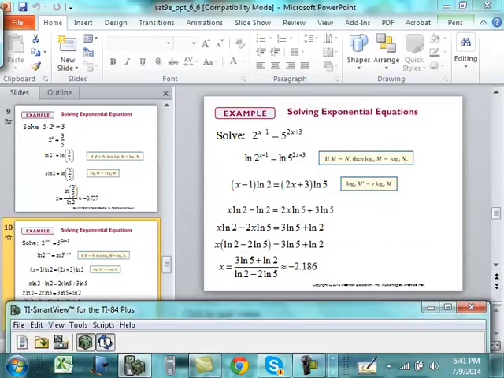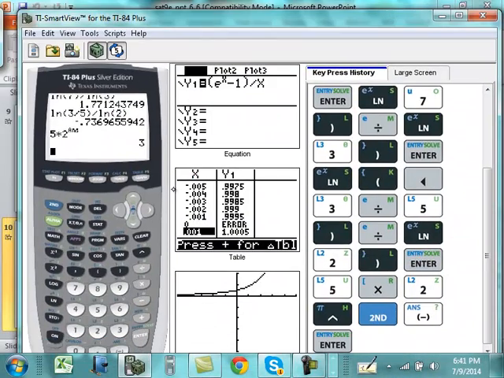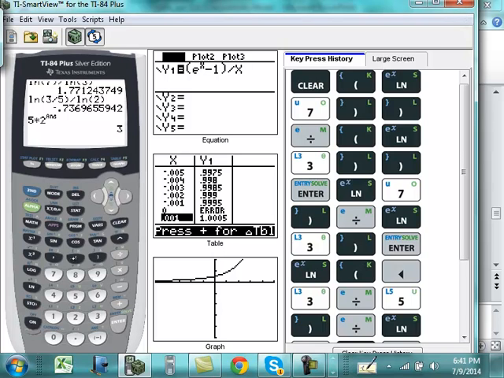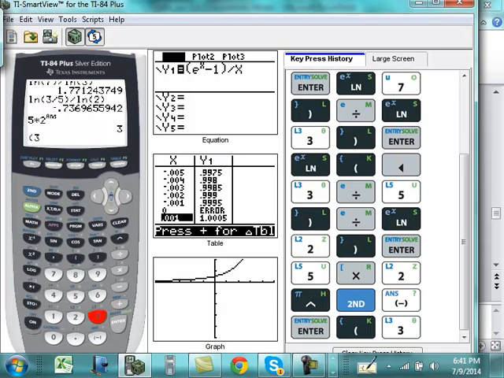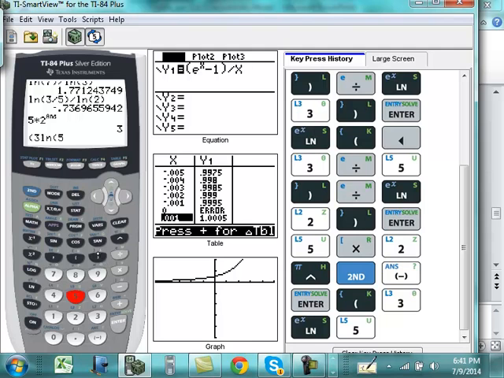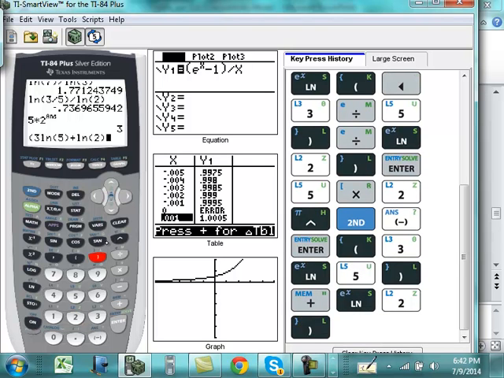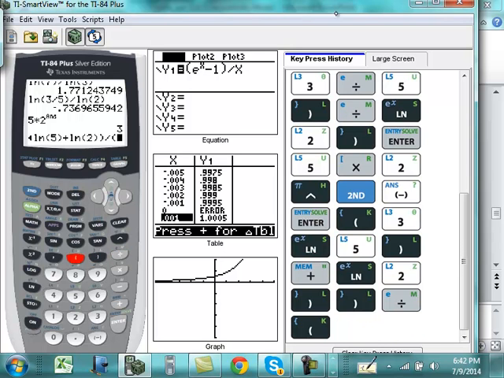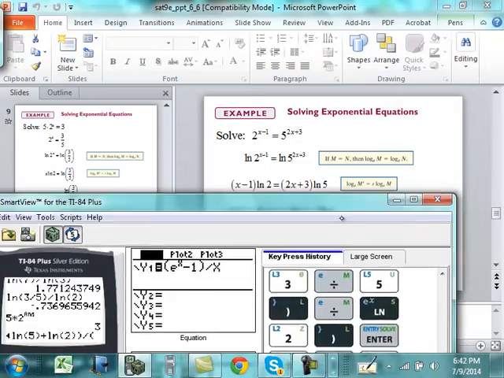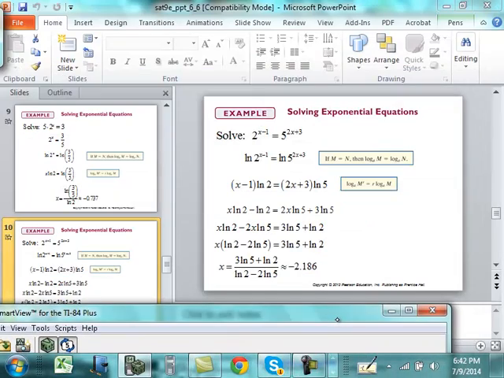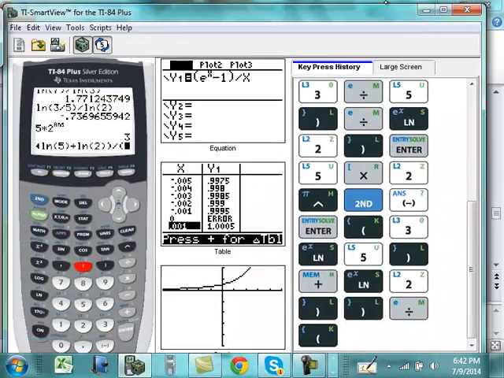So do that in parentheses: 3 natural log of 5, close parentheses, plus natural log 2, close parentheses. Divide that by open parentheses, natural log of 2 minus 2 natural log of 5.